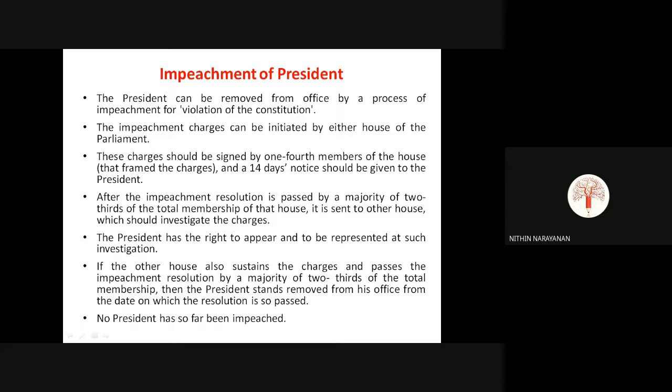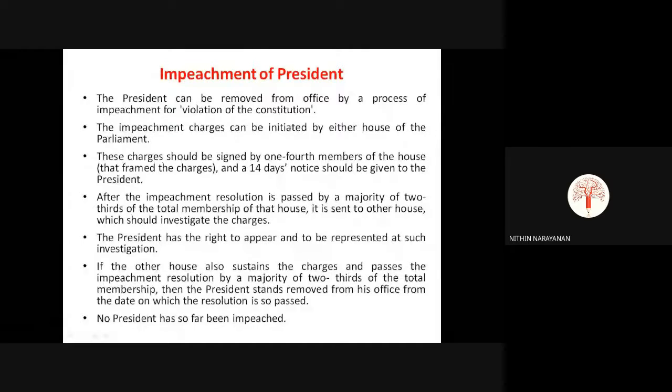So, if the resolution is passed by either of the houses with a majority as mentioned, it has to be sent to the other house for investigation, and if they also find the charges sustained, they can pass the impeachment resolution by a majority of two-thirds of the total membership in that house. After that, the resolution is passed. Then the president stands removed from his office.